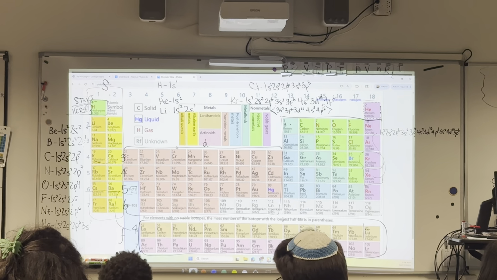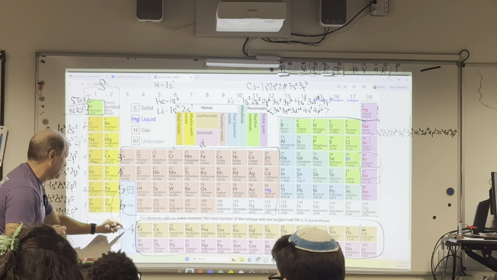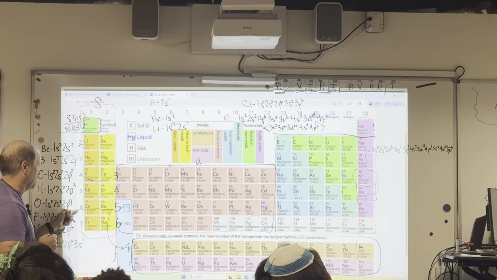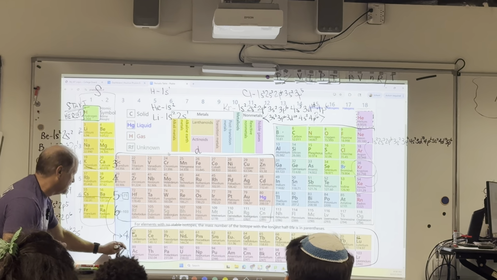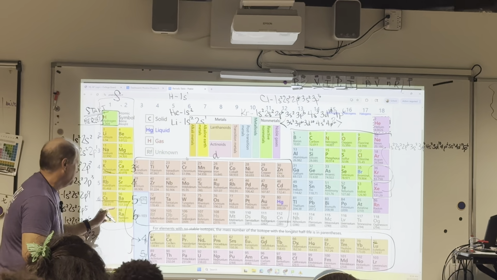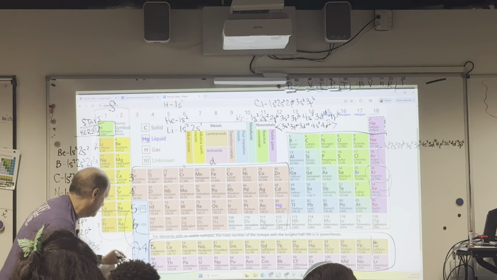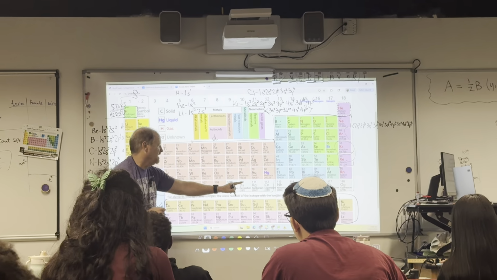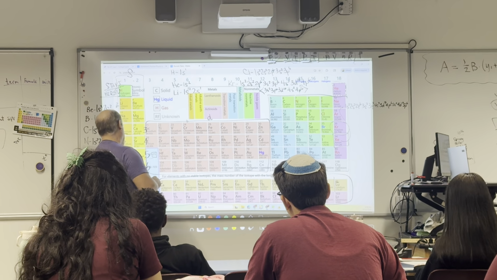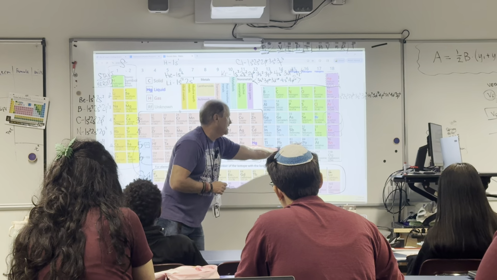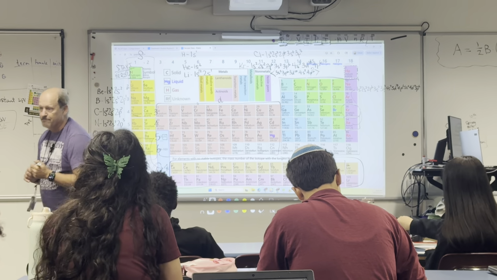Yes, I will walk you through that again. When we get to 6 and 7, weirdness happens like nobody's business. So we go 6s2, detour down to 4, and this is 5. 6s2, 4f14, 5d10, 6p6.